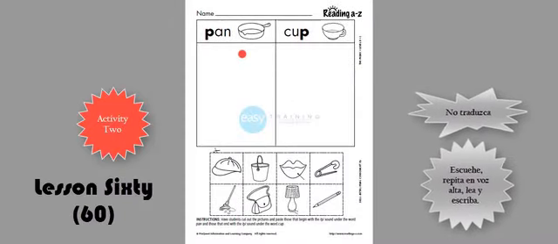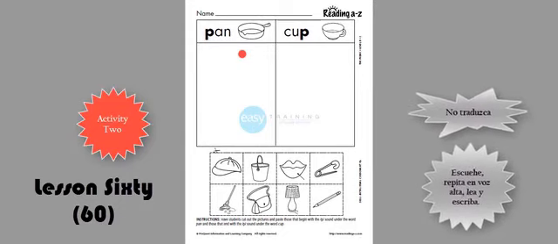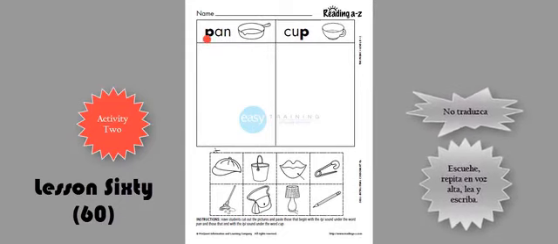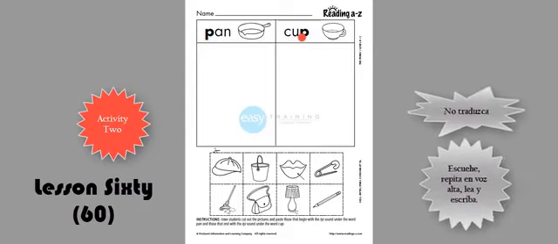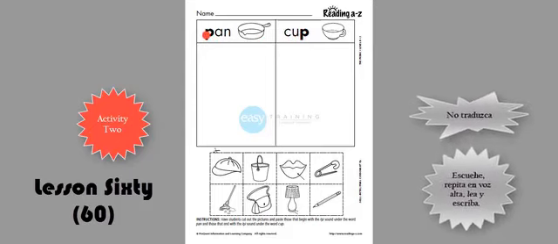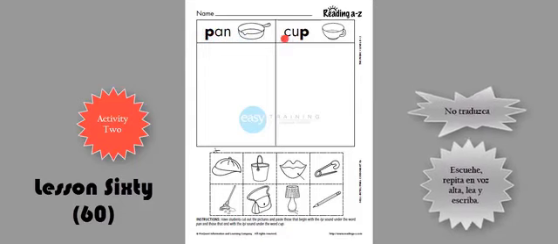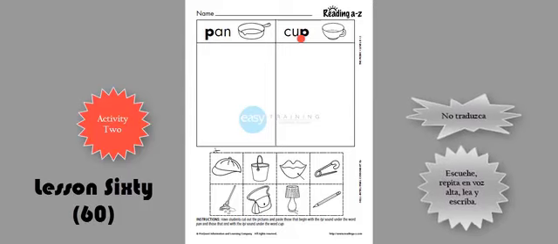This is activity number 2. And the activity is about words that begin in the letter P and words that end or finish in the letter P. Or words that begin in the P sound and words that end or finish in the P sound.